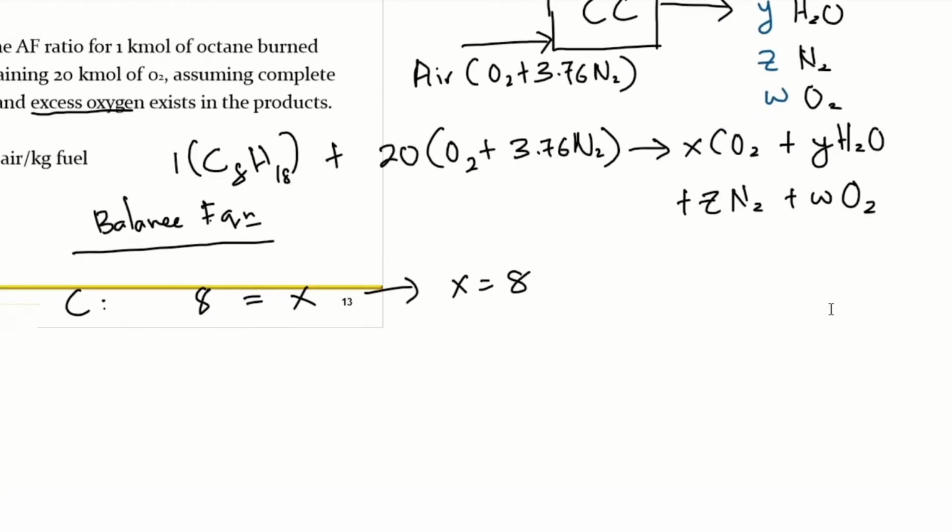Next is H. At left hand side, you're gonna have 18. At the right hand side, you're gonna have 2Y. So Y is actually 9.